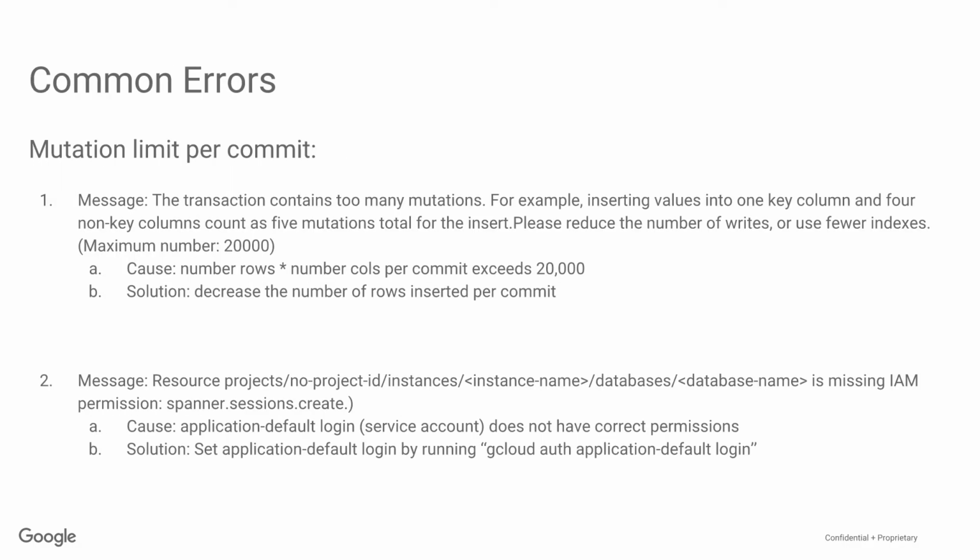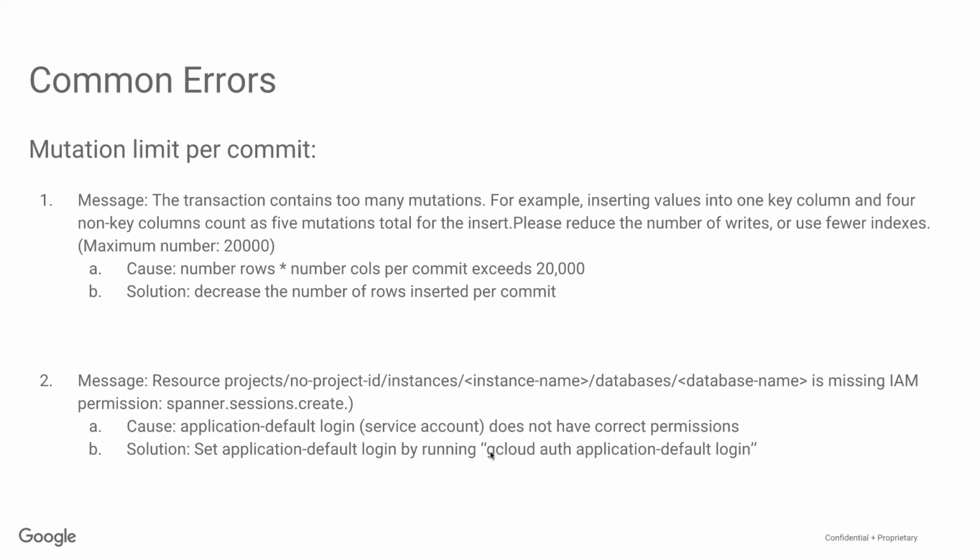Common errors. The first one is the one we just went through, the maximum mutations. In this case, we went over 20,000 in a single batch, and the solution is to decrease the number of rows inserted per commit, which I set to 1600 the second time. The other message you might find, because we're running inside of Cloud Shell, or even outside of Cloud Shell, relates to using the right application default login.